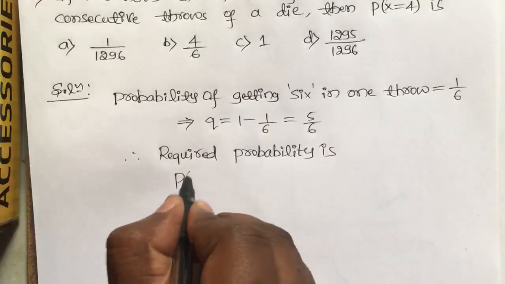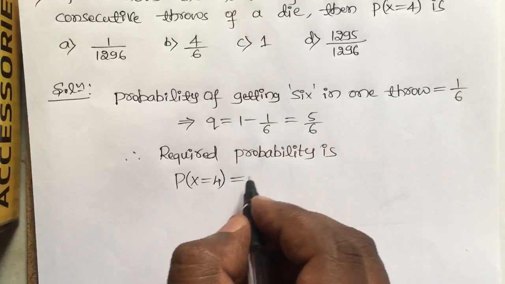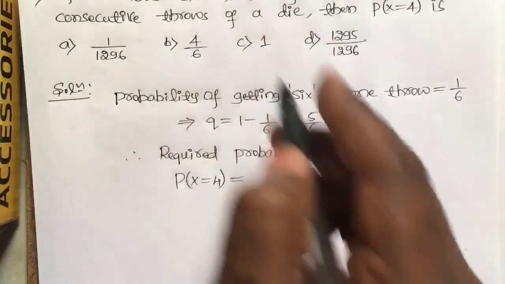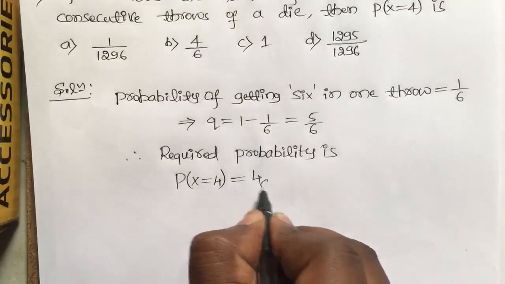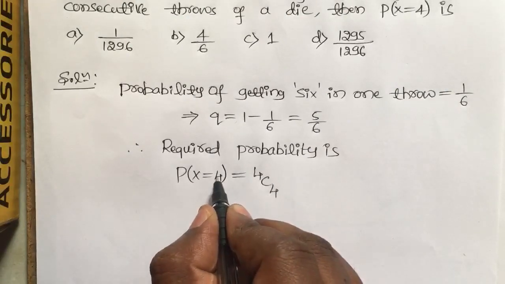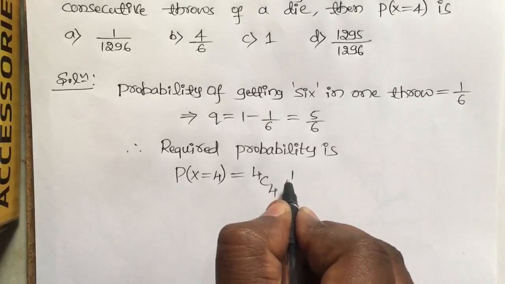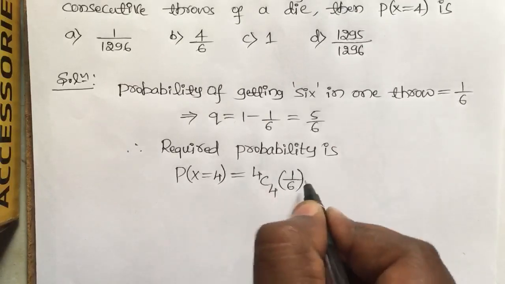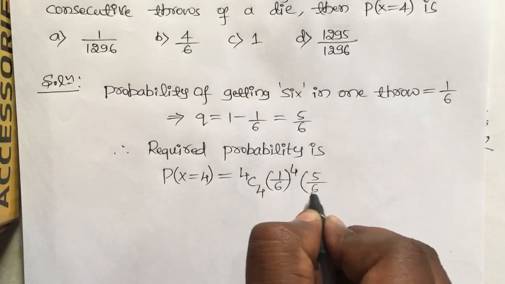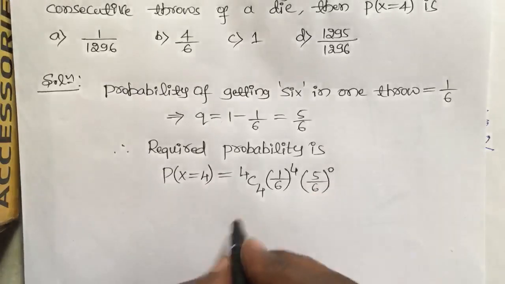P of X equal to 4, which is equal to nC. What is the value of n here? It is 4, in 4 consecutive throws, that is 4C4, because the value of small x is 4, then p raised to x, p is 1 by 6, 1 by 6 to the power 4, into 5 by 6 to the power n minus x, that is 4 minus 4 will be 0.